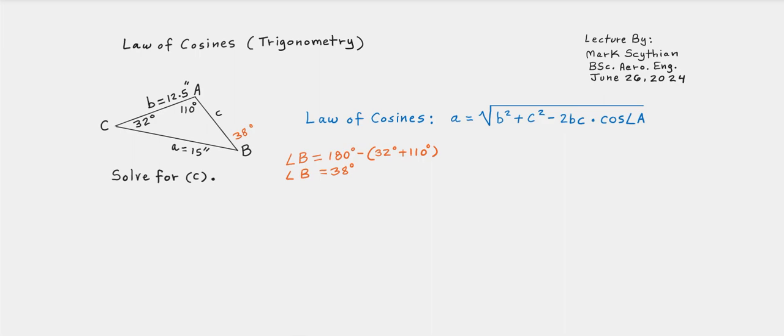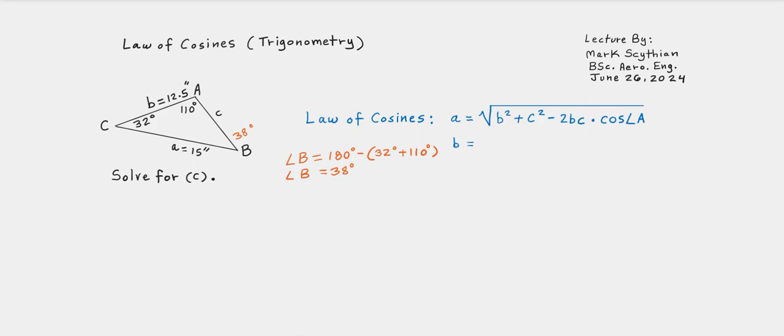So if we were going to solve for just a, not a squared, it would be the square root of b squared plus c squared. But then we subtract 2 times side little b and then multiply times side little c, then multiply times the cosine value of angle A.